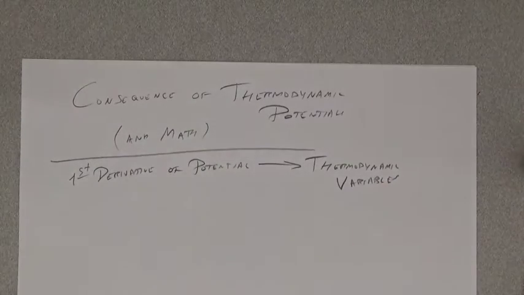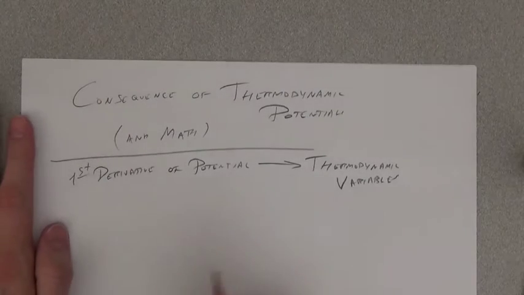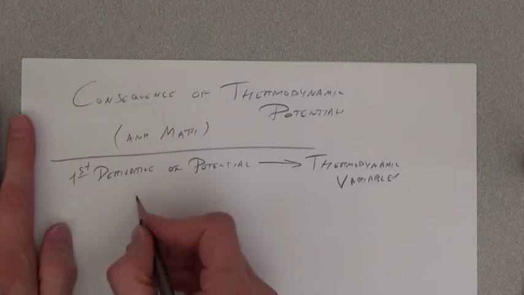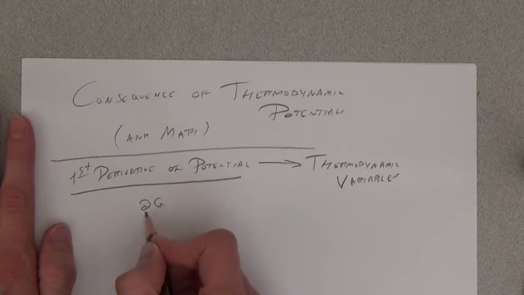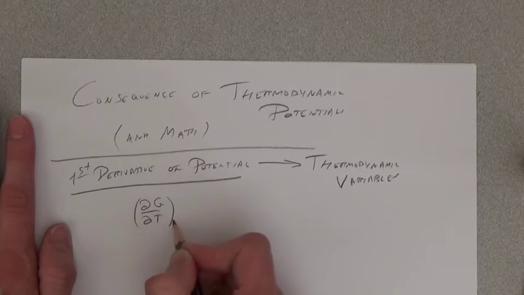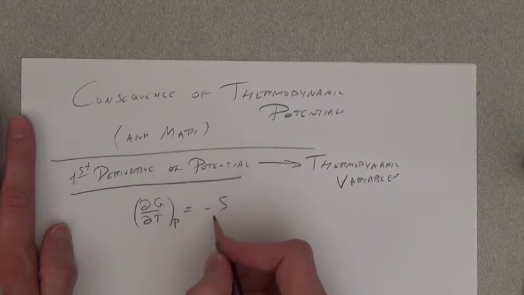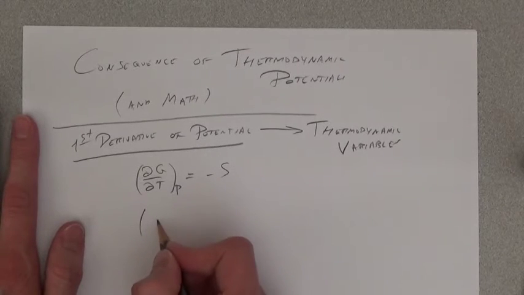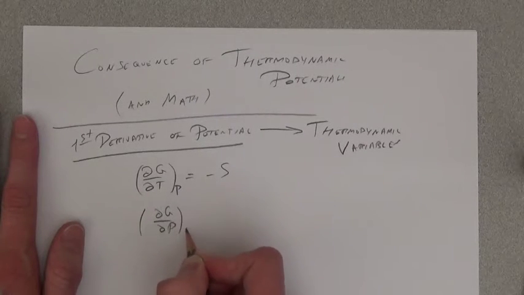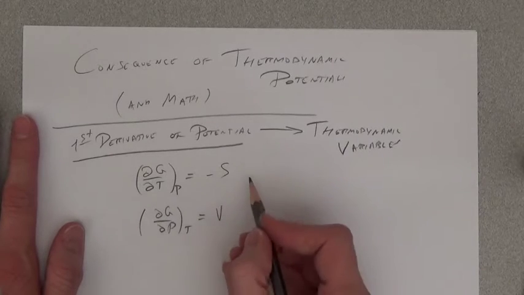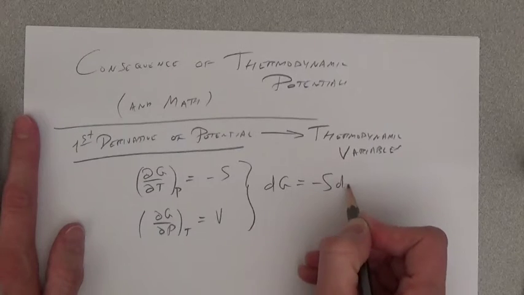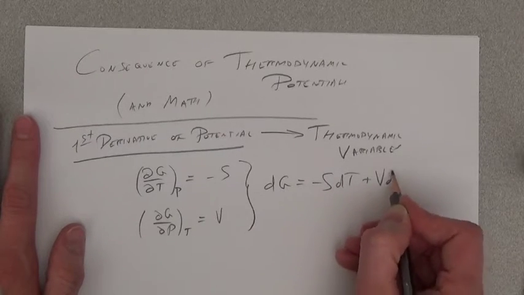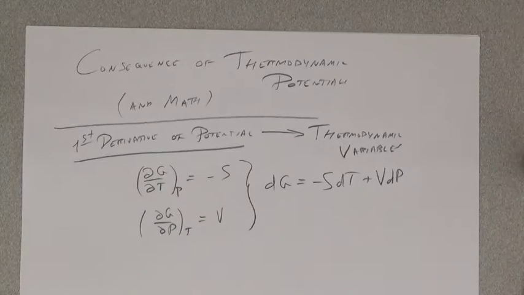Taking the derivative, dG/dT at constant pressure is negative S, and dG/dP at constant T gives us our volume. That just comes from dG equal to negative S dT plus V dP, and that follows naturally.